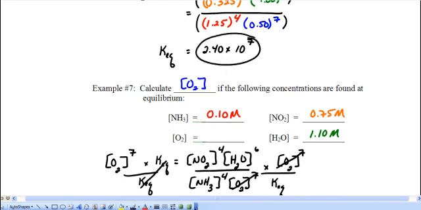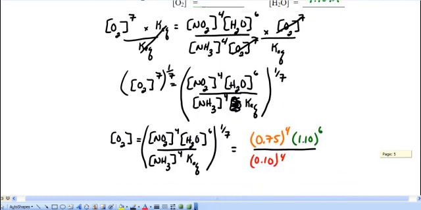KEQ is right here for this expression, 2.4 times 10 to the 7th. And that entire thing is going to be raised to the 1/7 power.